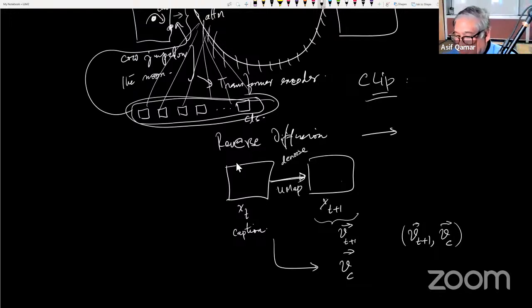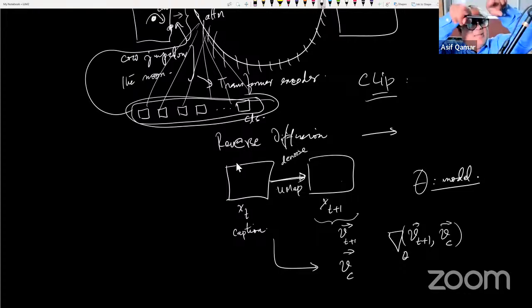So everything is being conditioned on some parameters of the model that I'm training, isn't it? What can I do? I can say, hey, change the parameters in such a way that it will minimize the gap between these two. Bring them closer: what the caption is trying to say and what the image you reproduce.